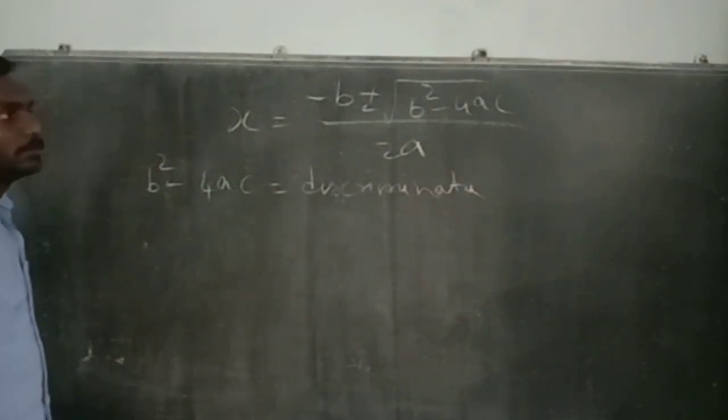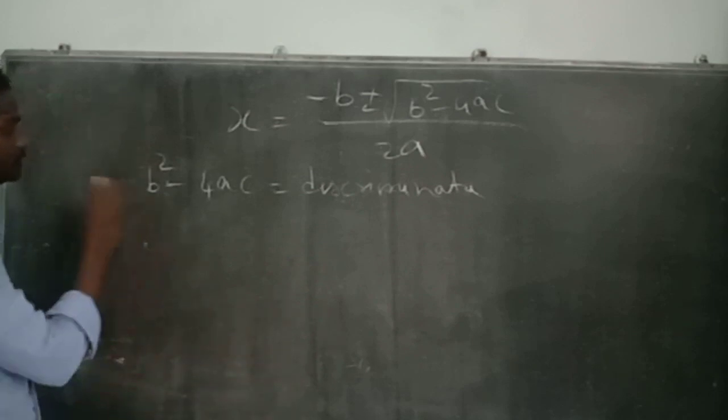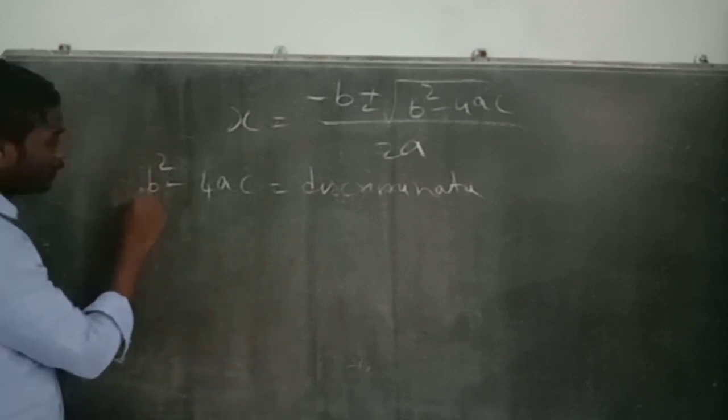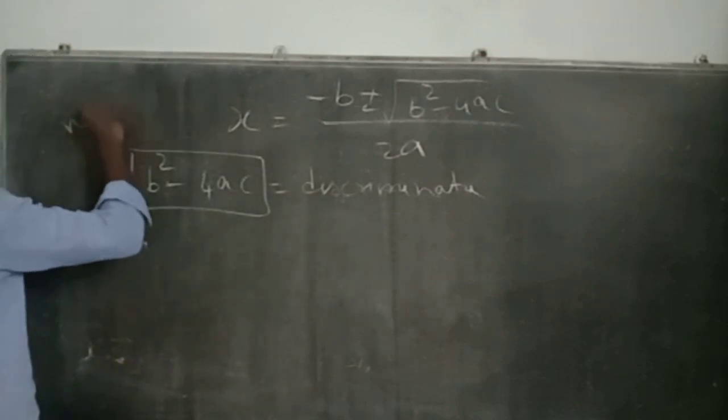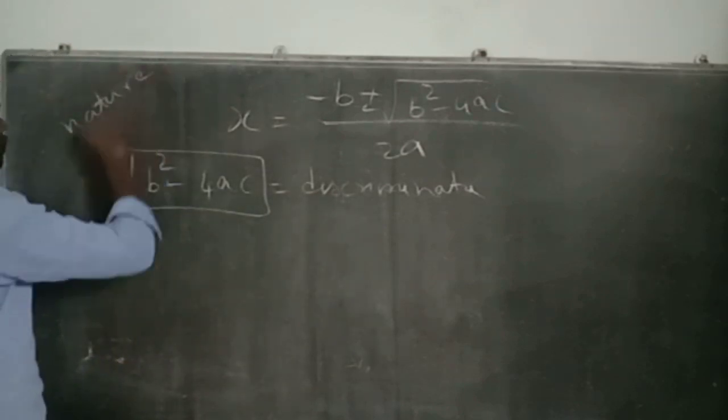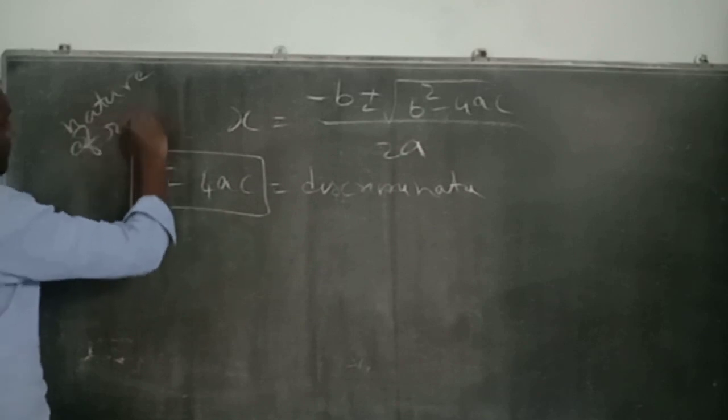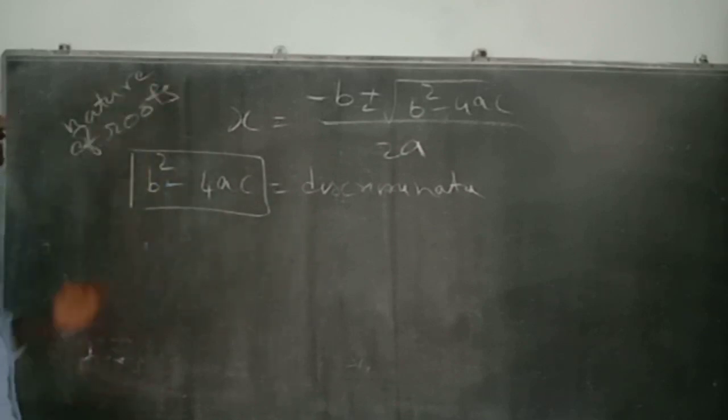What is it called? b square minus 4ac is called the discriminant. So, according to this b square minus 4ac, we can find the nature of roots.